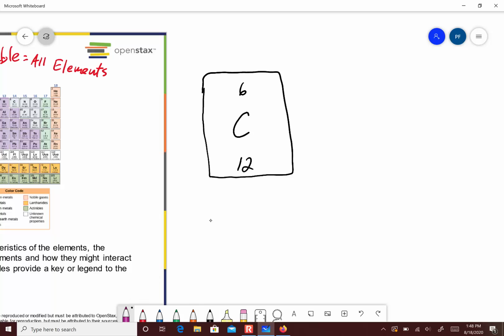The letter is the chemical symbol for the element, and we're going to go over a few of those in the next video. This one, the C, is for carbon. So that's the chemical symbol for the element.